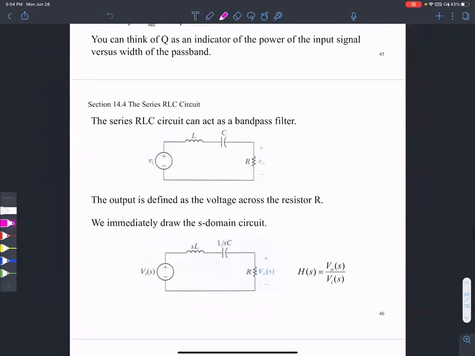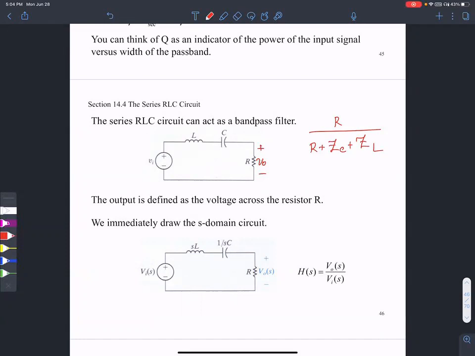When you're interested in the RLC circuit here, for example, an RLC circuit can act as a bandpass filter. Then your output V out would be R over R plus ZC plus ZL, right? That's the voltage division again.